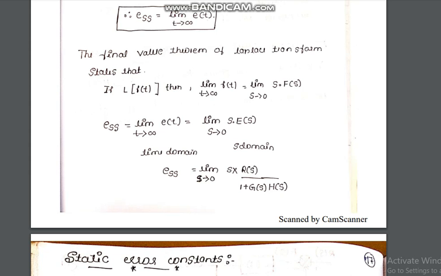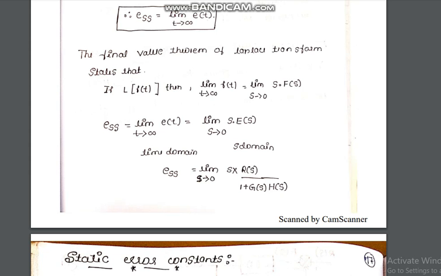Error ESS is equal to the limit t tends to infinity of E(t), which I can write in the s domain as the limit s tends to 0 of s into E(s). The limit t tends to infinity of E(t) is in the time domain, and the limit s tends to 0 of s into E(s) is in the s domain.